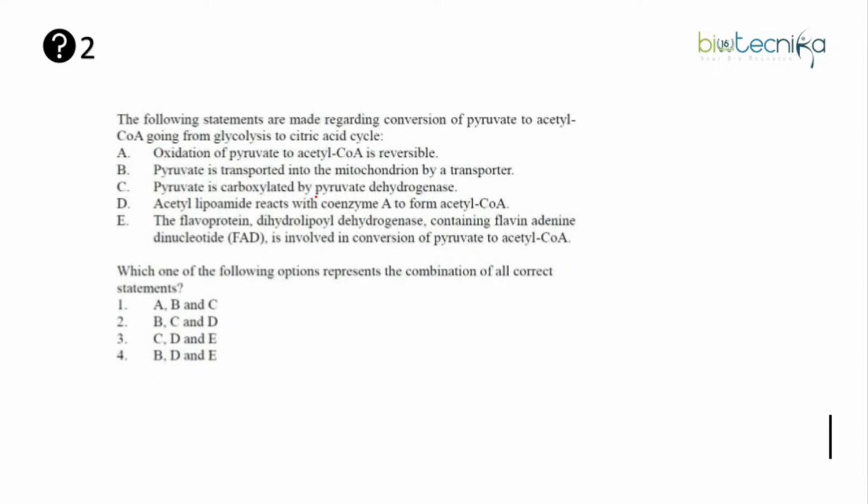Acetyl lipoamide reacts with coenzyme A to form acetyl CoA. The flavoprotein dihydrolipoyl dehydrogenase containing flavin adenine dinucleotide is involved in conversion of pyruvate to acetyl CoA. So you have to select which is the correct combination of statements.